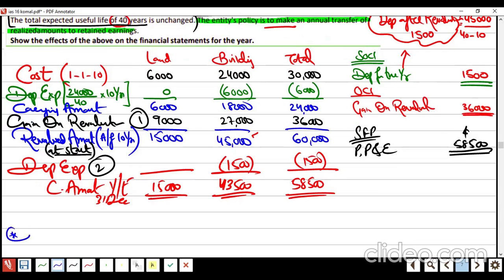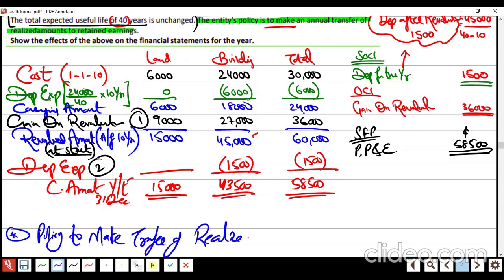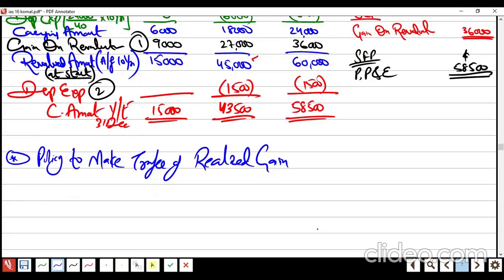The rule is the policy to make transfer of realized gain. I will explain what this policy is. It's very easy.